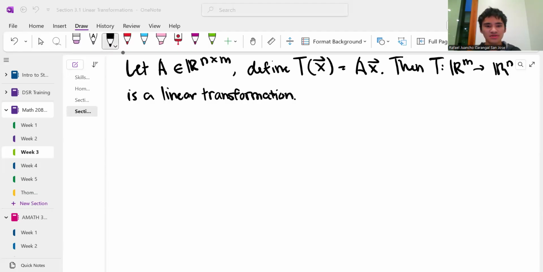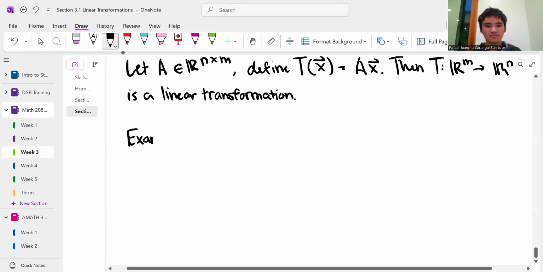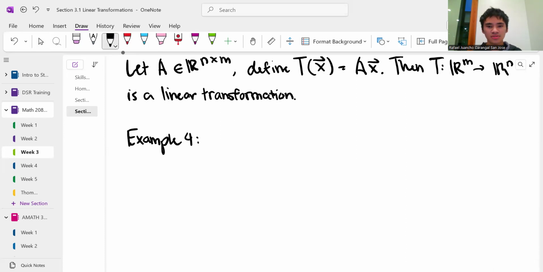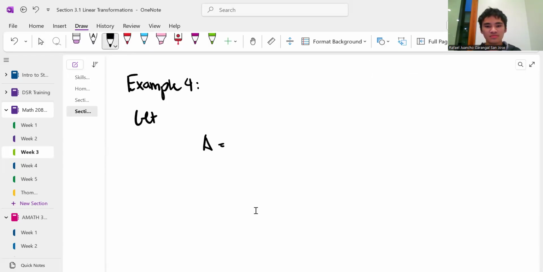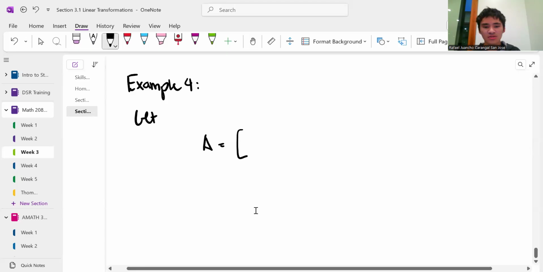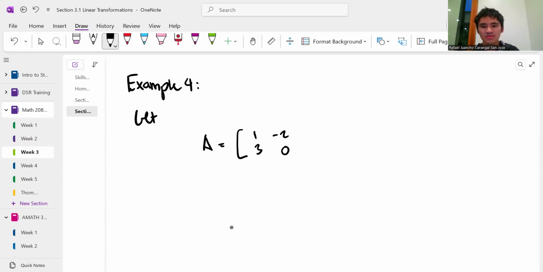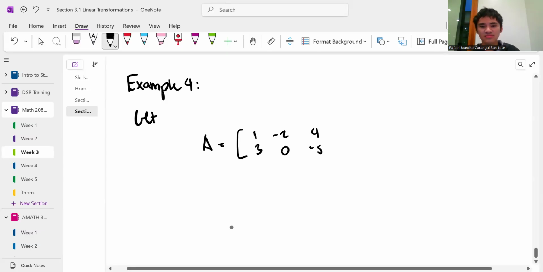Right, let's do an example here. So here we let A be a 2 by 3 matrix: 1, 3, negative 2, 0, 4, negative 5.